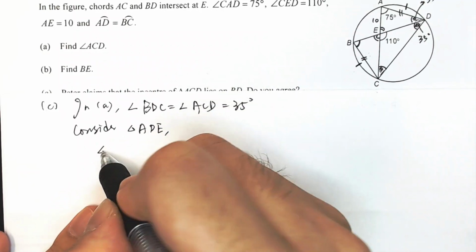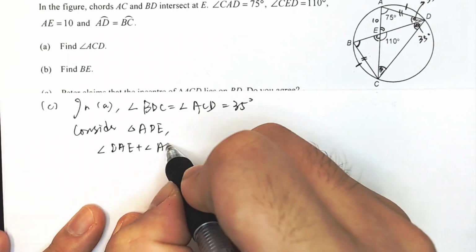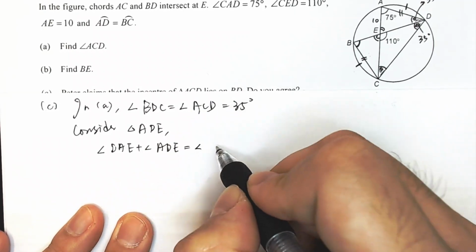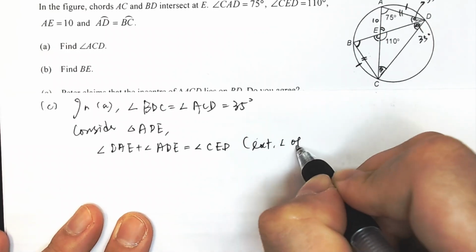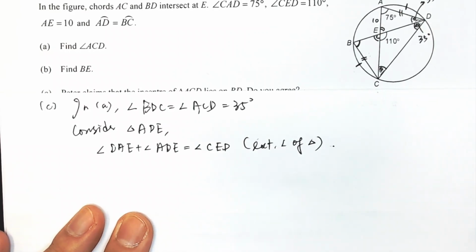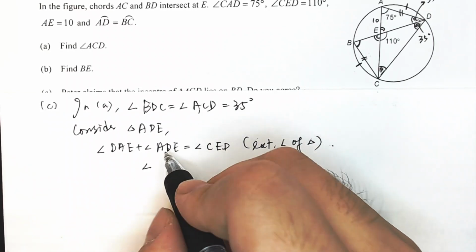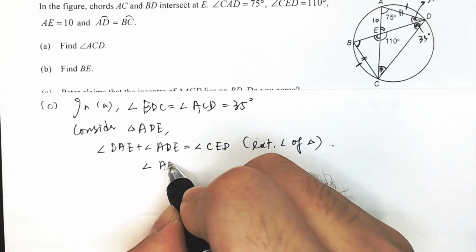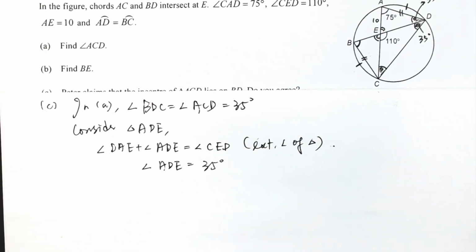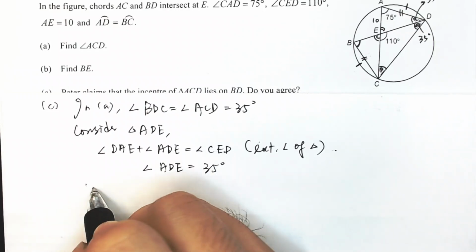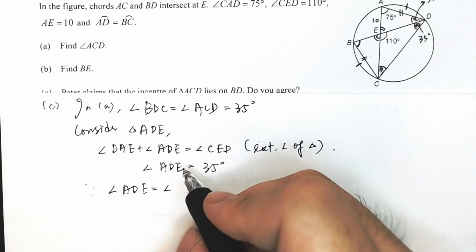We have angle DAE plus angle ADE equals angle CED, exterior angle of triangle. And thus angle ADE is 35 degrees.